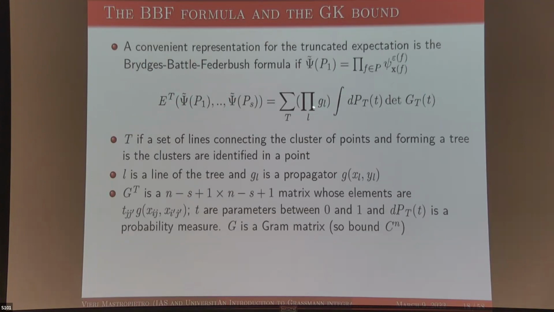You expand only the terms needed to make the sum over the coordinates, and you leave a lot of fields in the determinants. These determinants are okay because you can bound them. So what is T here? T is a tree. For instance, I represent this psi tilde as fields.